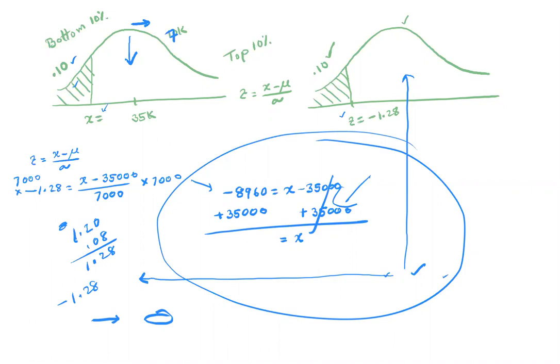Plus 35,000 is 26,040. So x is 26,040. So if you make less than roughly $26,000, you'll be among the bottom 10% of the wage earners, the bottom 10% of the people in society in terms of economic well-being.